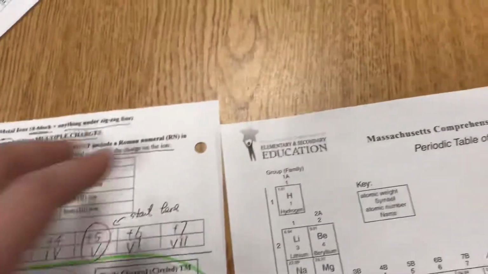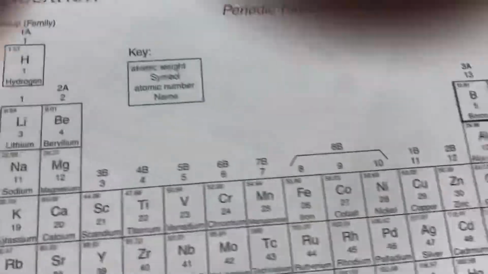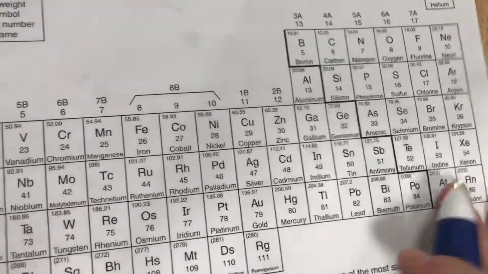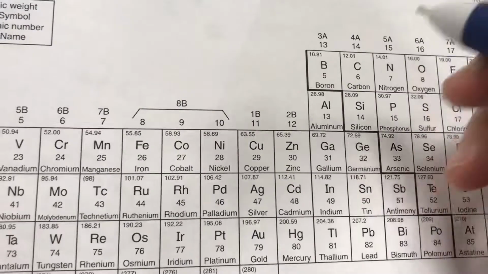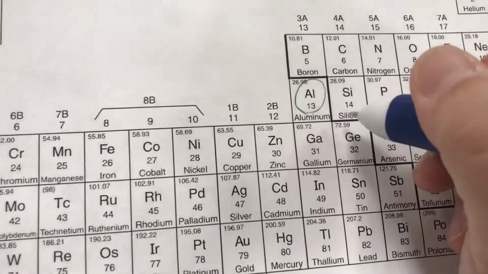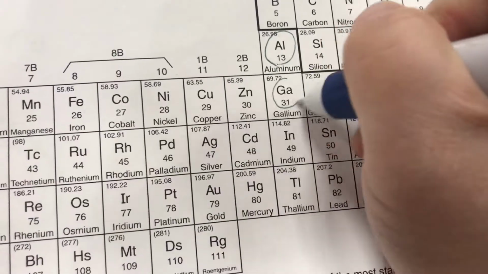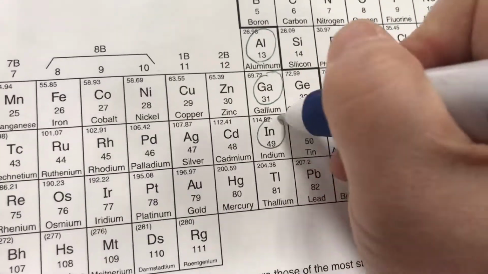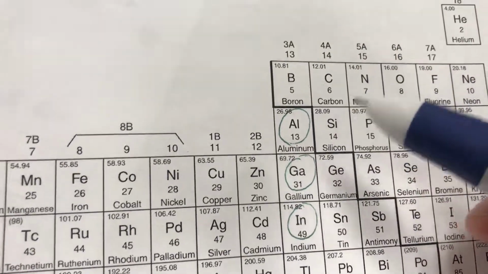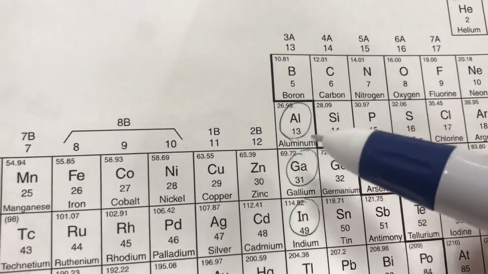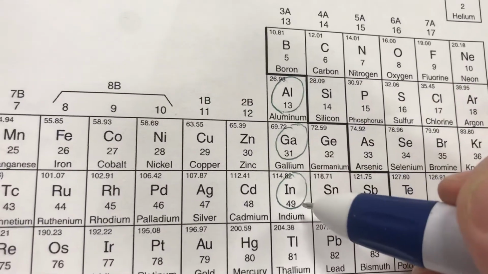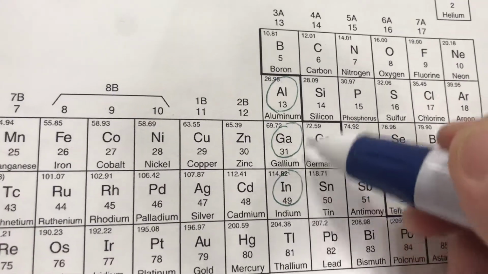Now where are they? Okay, I'm using green pen to circle them for you. The first one is Al, okay, Al. And then on the bottom, Ga, on the bottom, In, okay. Now Al is in group 13, it's not a transition metal, but you can still tell Al is 3+. Ga and In are in the same column as Al.